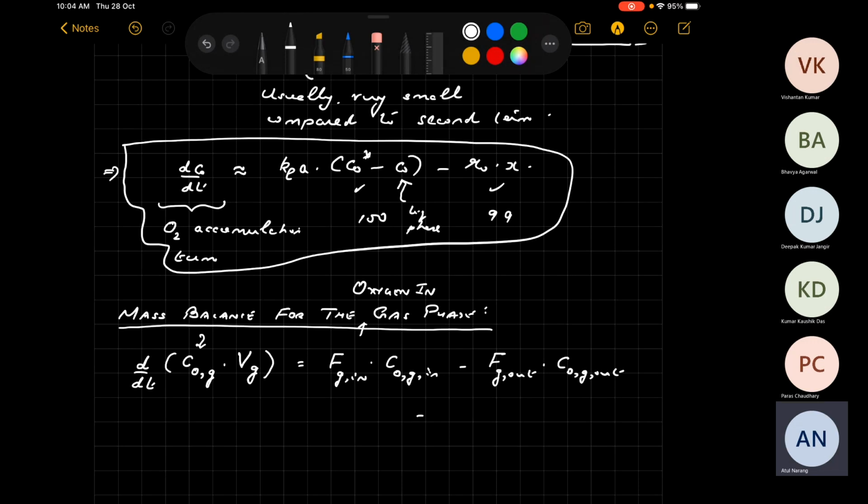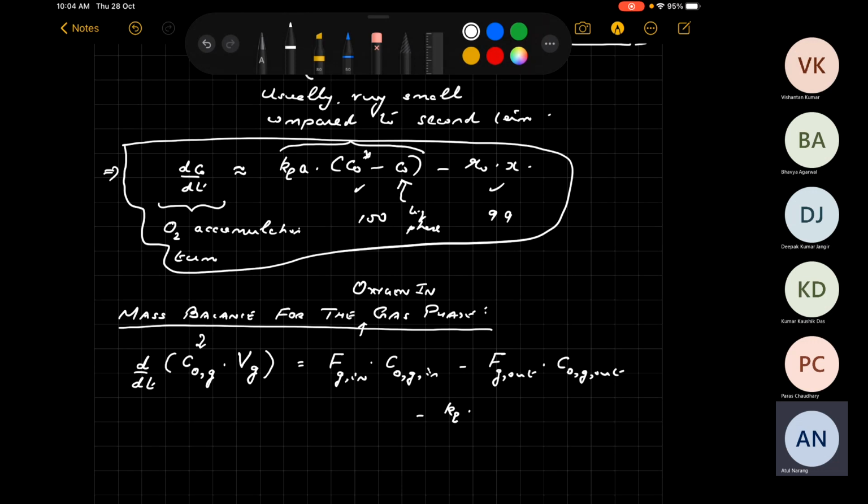And then, of course, what is the last term? Well, the last term represents the transfer of oxygen, there's oxygen moving from the gas phase to the liquid phase. This is the one that appears over here. So this is K_L a, right?